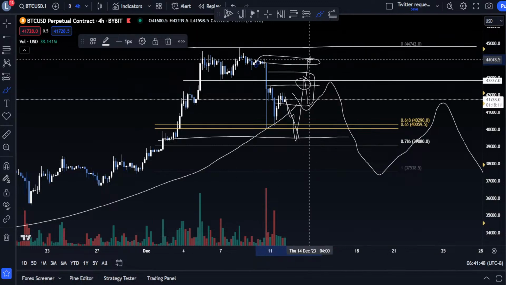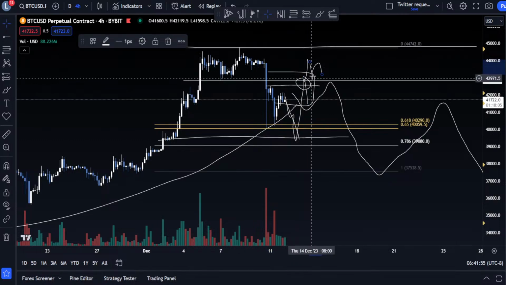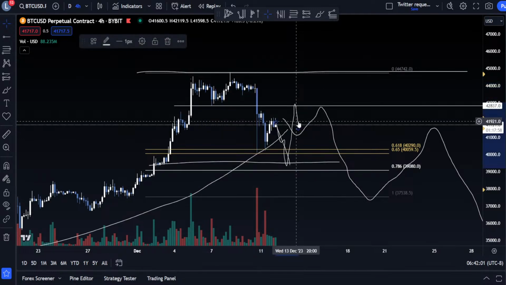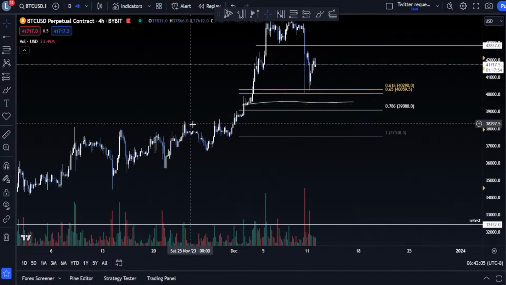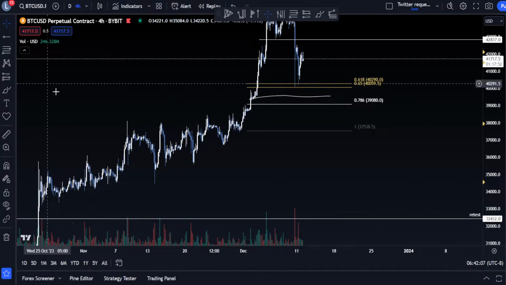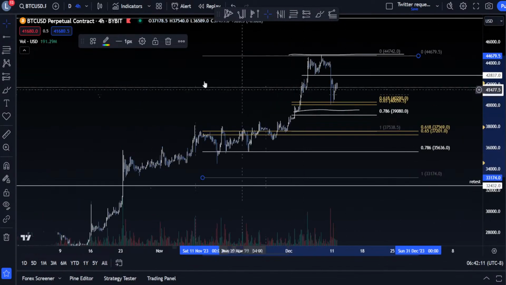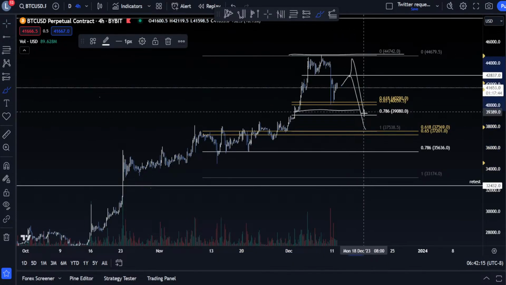If it's a clean setup, we get a good rejection, take a short. Good reaction, order flow looks good. If we just break on through the highs, then the rest of my short gets stopped at break even. But for now, main idea, looking for continuation to the downside.